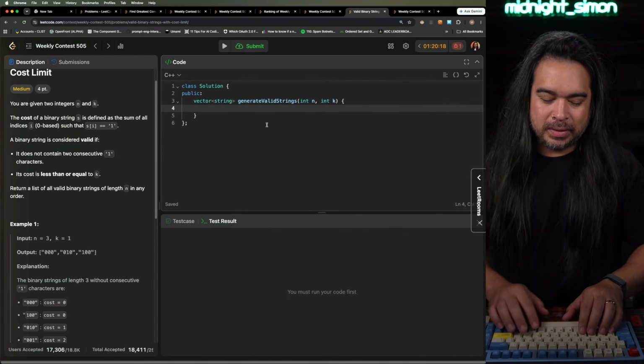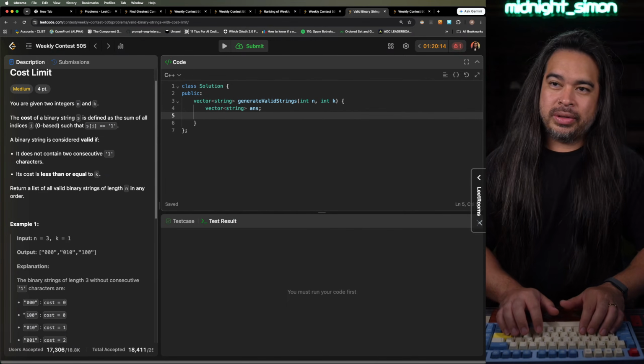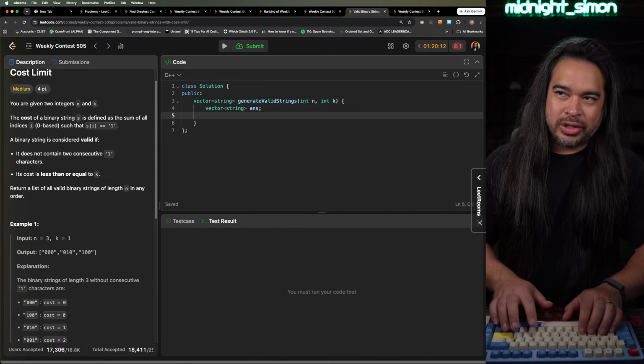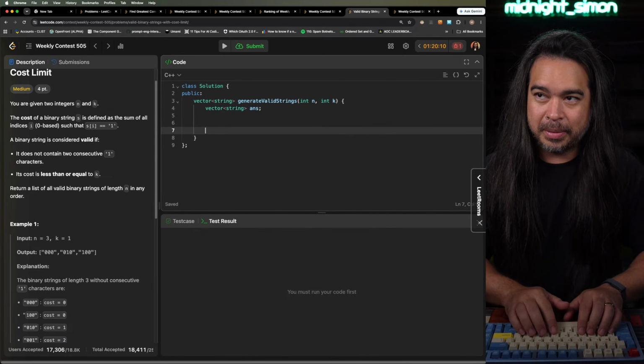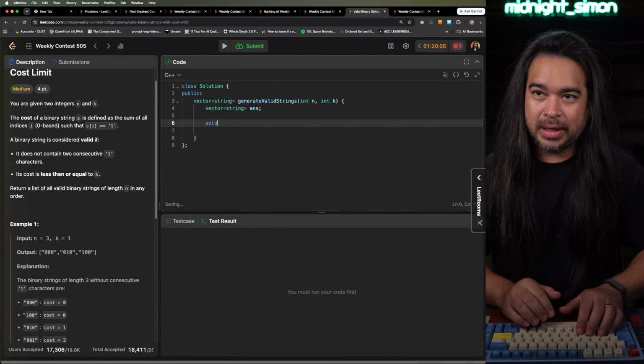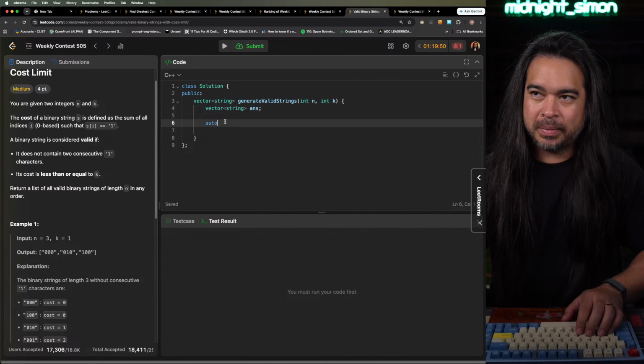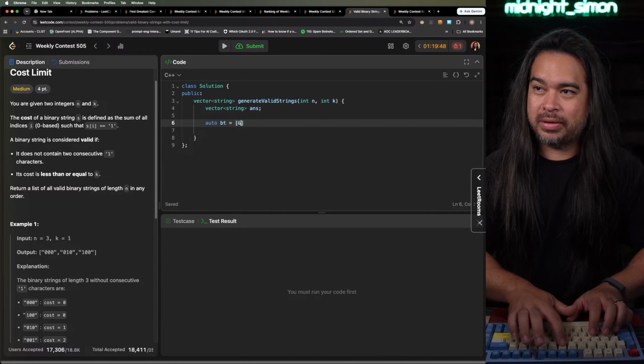I can do this. How am I gonna do it though? I'm gonna try and do a little backtracking. I guess with this constraint, the no consecutive one characters, it's kind of like backtracking where we do some funky stuff, right? Pruning. I don't know. I don't know anything, man.